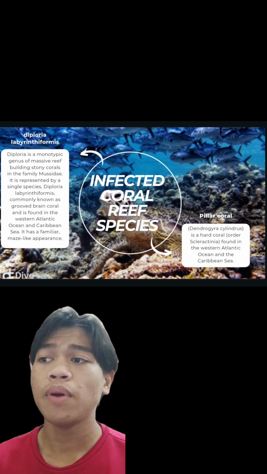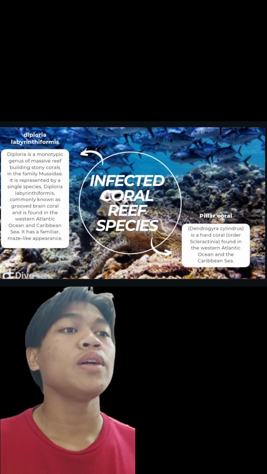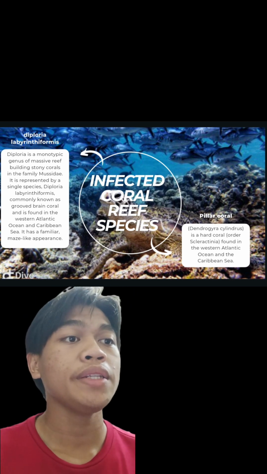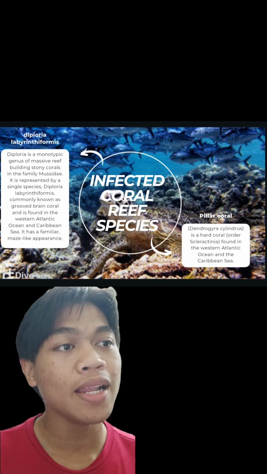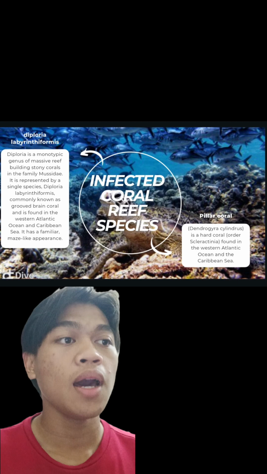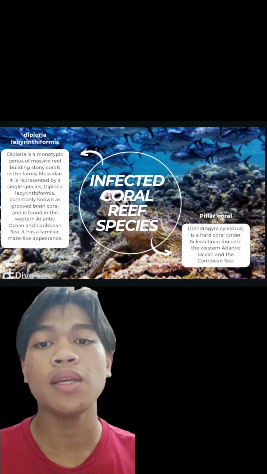It has a familiar maze-like appearance. Number 2, pearl coral, or the scientific name Dendrogyra cylindrus, is a hard coral, order Scleractinia, found in the western Atlantic Ocean and the Caribbean Sea.